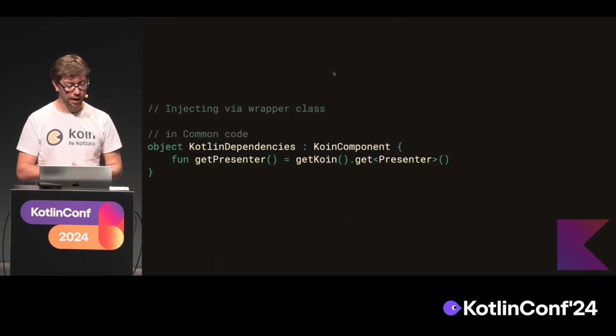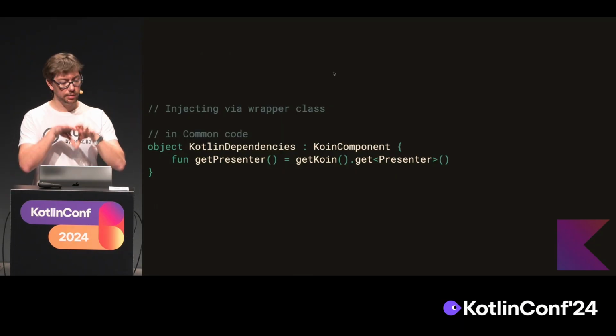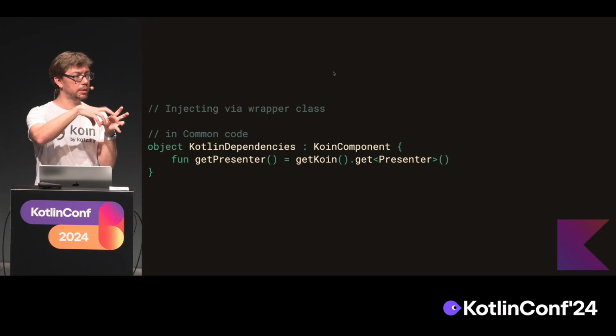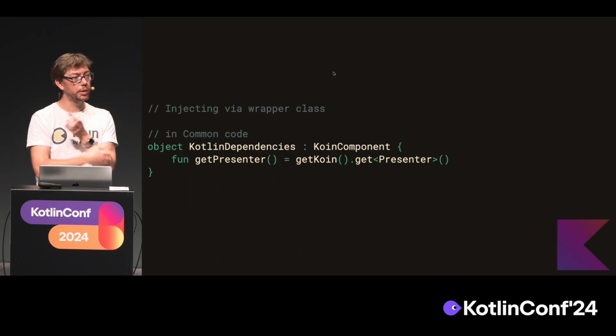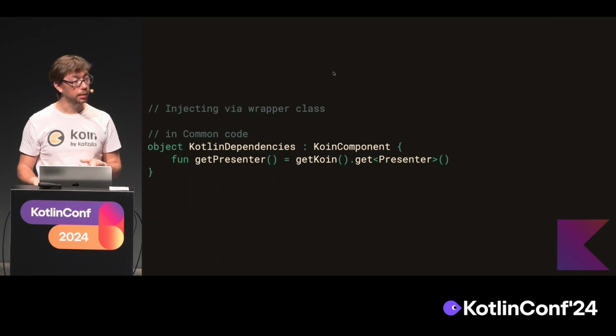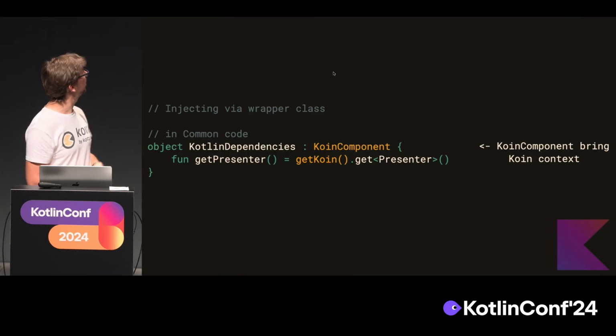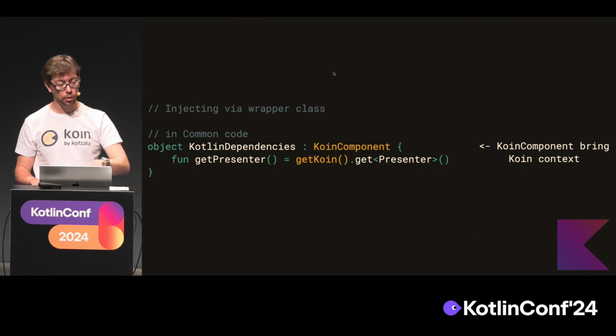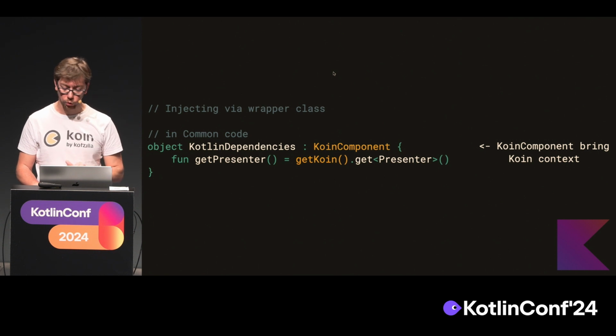What you can do is have, for example, an object class that is exposing your boundary components. This is the component that you really want to retrieve from Koin directly, because from Swift you won't be able to have all those generic types. Then the best thing is to use an object class here using KoinComponent, and it will unlock access to the get Koin functions and then retrieve the right instance for you.